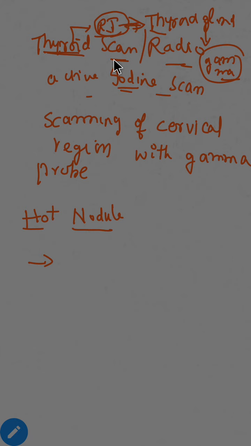So the first is hot nodule. In a hot nodule, there is relatively increased uptake as compared to the surrounding tissue. That means the nodule is taking a greater amount of radioactive iodine compared to the surrounding tissue.